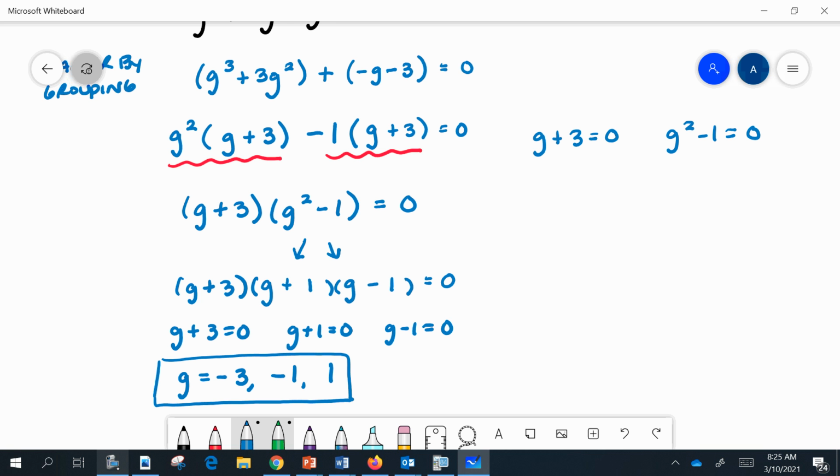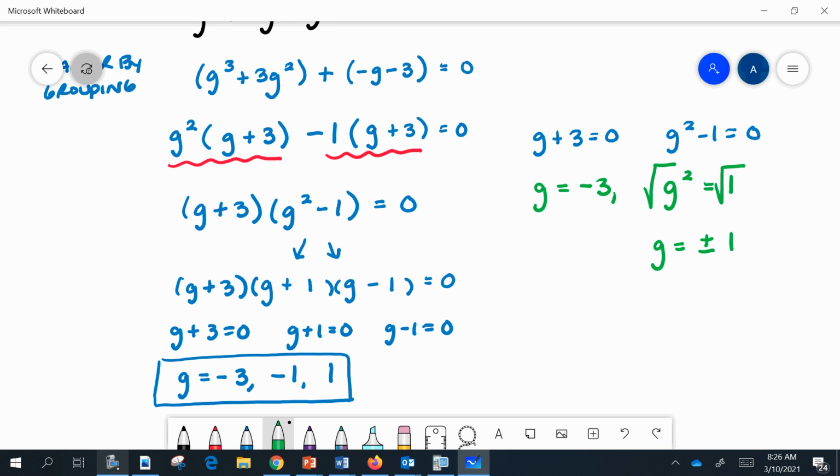Now I'm going to come back over here. Let's suppose that I did not factor the g squared minus 1. So I would still minus the 3 over and get negative 1. But what would happen here if we added over the 1 and used square roots to solve? Well, we would need to remember that you get plus or minus. That's probably the most important part if you're going to solve using square roots, is you have to remember the plus or minus.